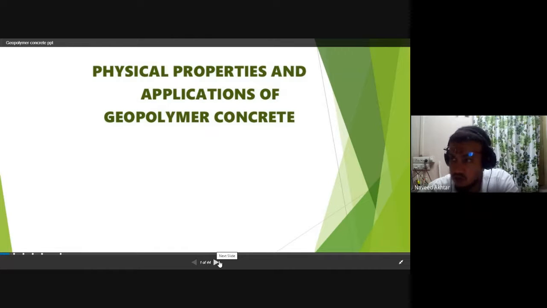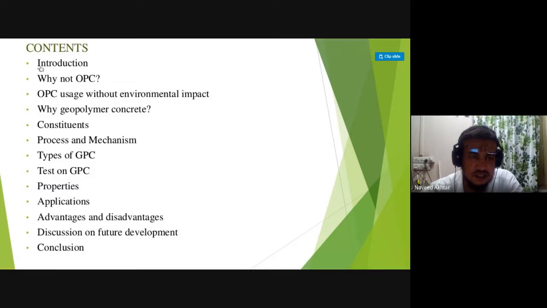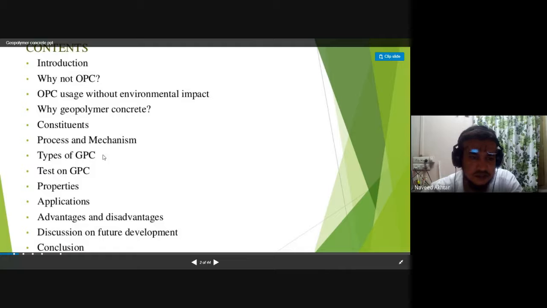In the IS code, it is given that strength more than 55 MPa comes under high strength concrete. So I got 100 MPa when I did the practical and made this concrete during my master's degree.